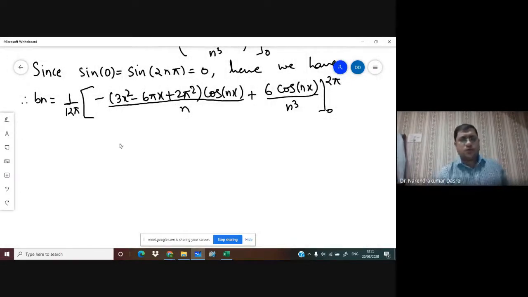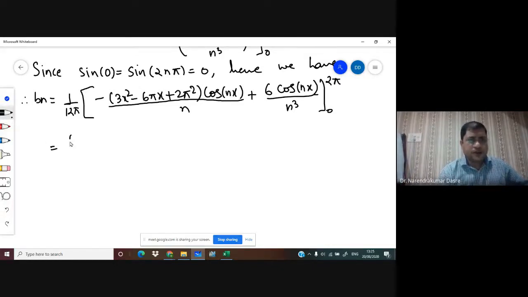So what we get here, if we apply the limits, 1 upon 12π, apply this limit.